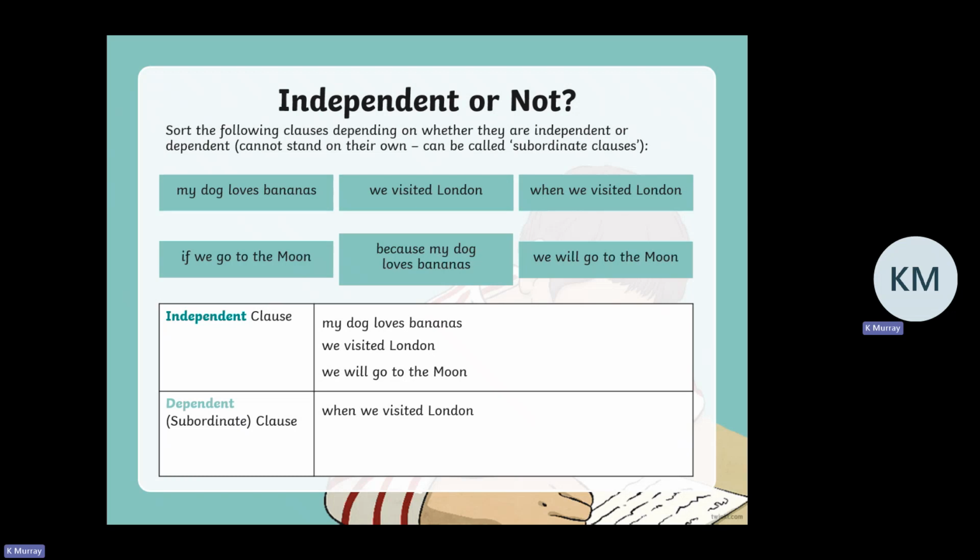It's what we call a subordinate clause, and it needs more words with it. If we go to the moon, subordinate. If we go to the moon is not a complete thought. It's not a sentence that makes sense. And the same with because my dog loves bananas doesn't make sense on its own. Okay, and there's just the simple difference between independent and subordinate clauses. In a nutshell, an independent clause makes sense on its own, a subordinate clause doesn't.